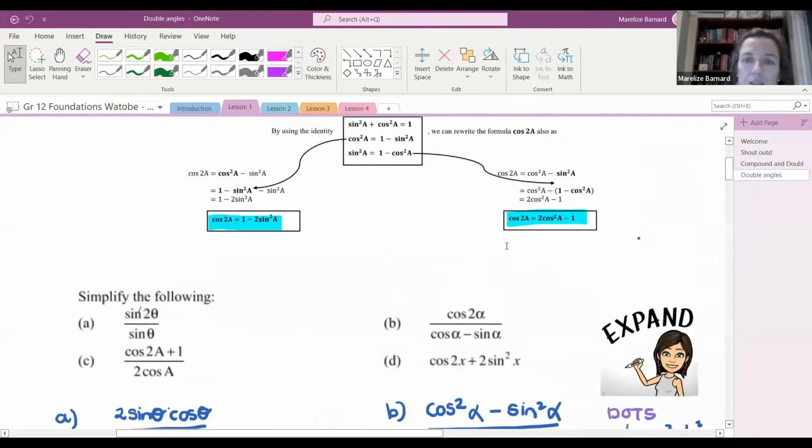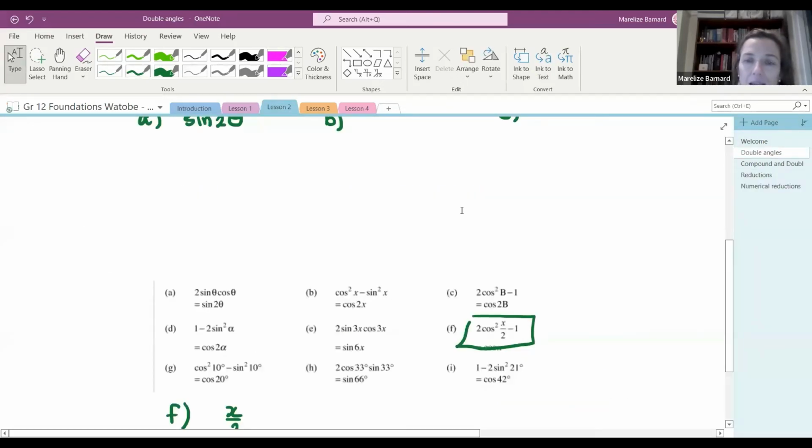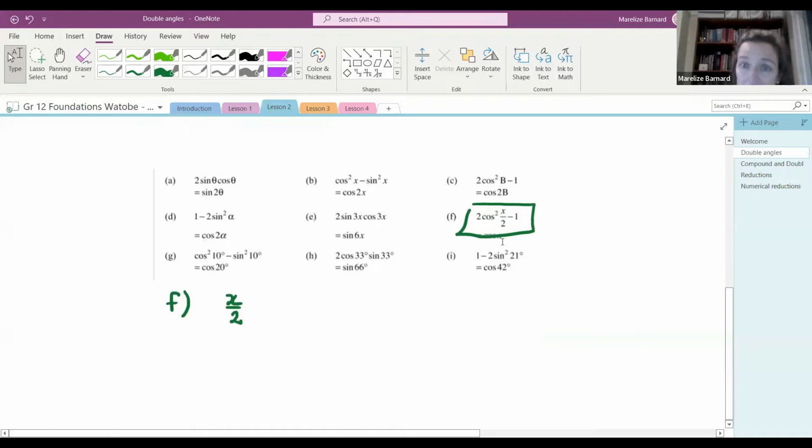There we go, it's here. Okay, so we recognize it's over here, 2 cos squared a minus 1. We recognize it as that identity, cos of 2a. So our angle is x over 2, so we need to times that by 2 to get our double angle.